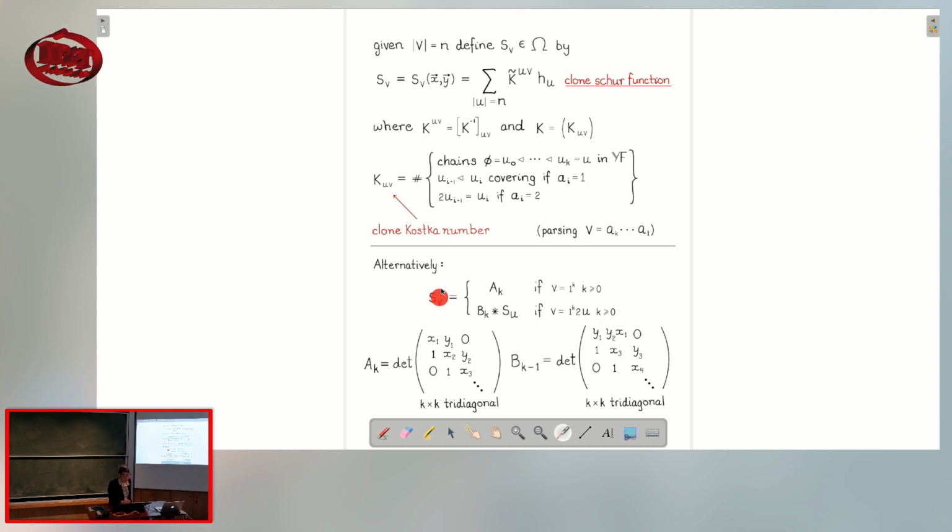Then I can recursively obtain this clone Schur function. If v is just a string of ones, it's just A_k, and otherwise I can write v as some prefix of ones, a 2, and then some suffix. The corresponding S_v will be whatever the clone Schur function was for the suffix, which we get by induction, times this shifted B factor.